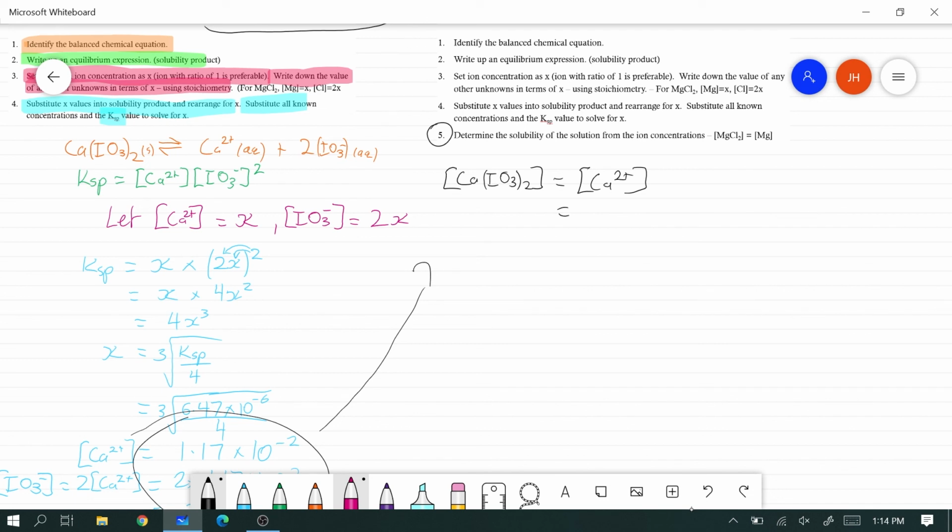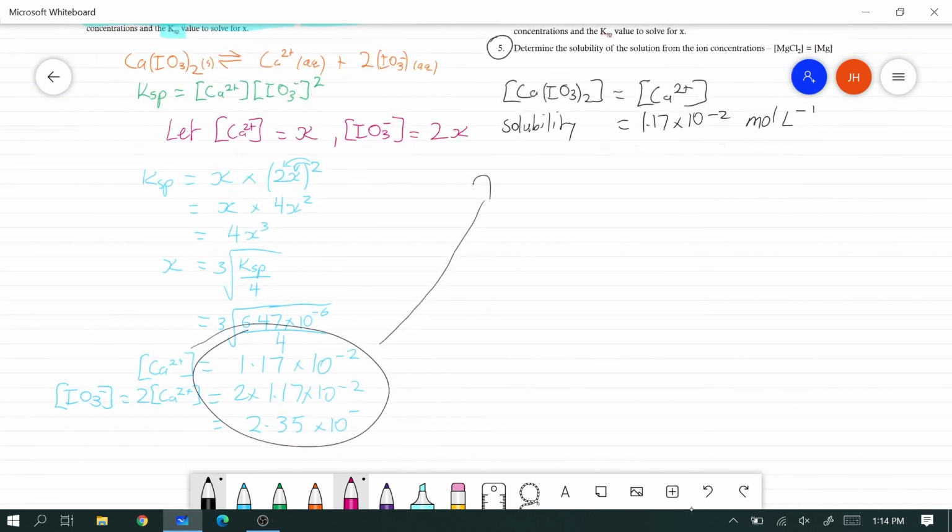So we already know that the concentration of calcium ions is 1.17 times 10 to the negative 2 moles per liter, and that is our solubility. Note as well that we should be putting our units in for our final answers here as well. I'm just going to add that really quickly.